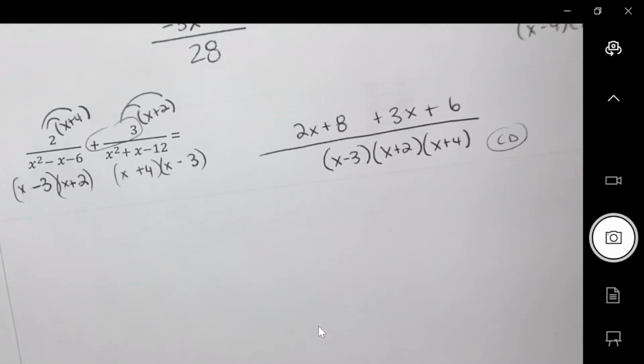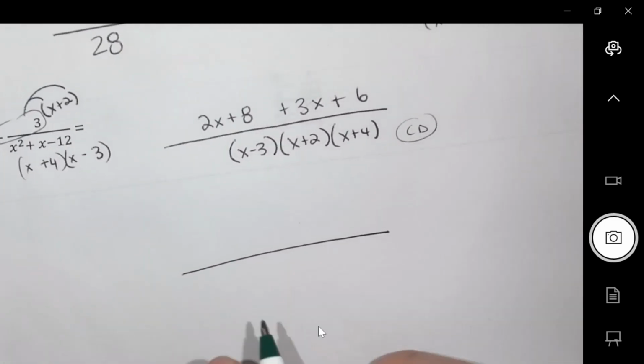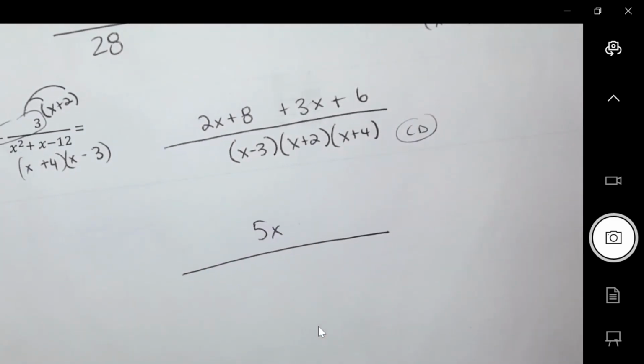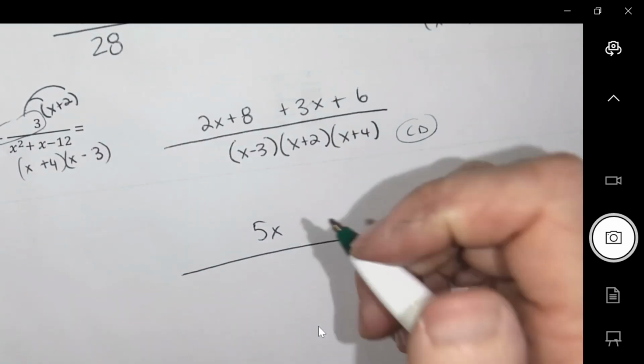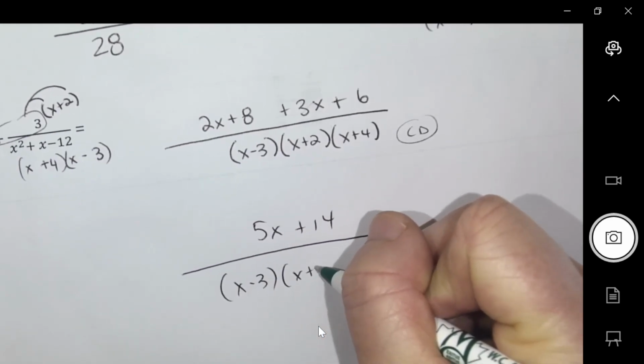And now the simplification. Collect like terms: x, 2x, 3x makes 5x. 8 and 6 can go together. 14 over, and you have to write that.